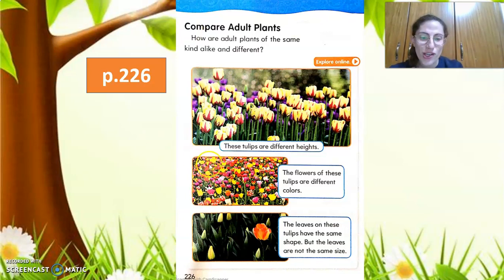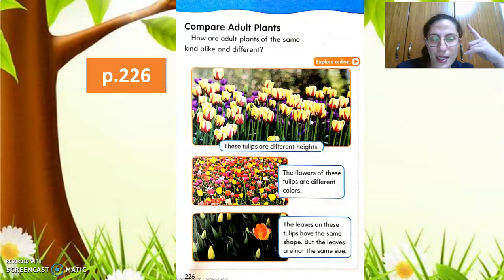Excellent! The three pictures are showing us the tulip flower, okay? Now, we have to know that the pictures show us the tulip flowers, but we see things that are different, right? Now, I want you to think, before we start comparing, if I want to describe the tulip flower for a person that has never seen the tulip flower before, how can I describe it?